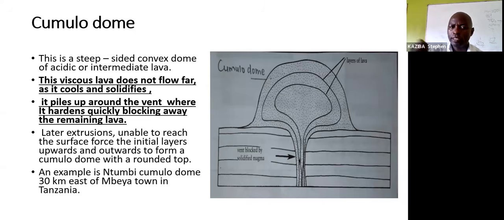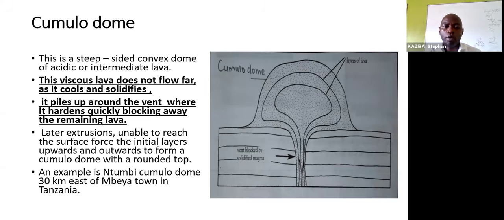Now, how was it formed? Nature of eruption, you talk about viscous lava. Viscous means very sticky, very thick, and it is extruded and piles around the vent. And because acidic lava is known for cooling very fast, the outer part cools very fast, while the inner part remains fluid.